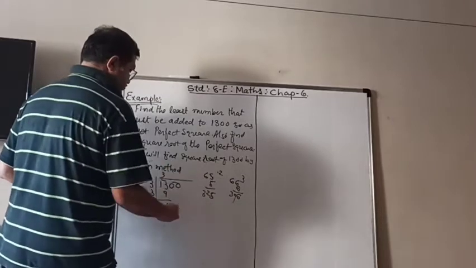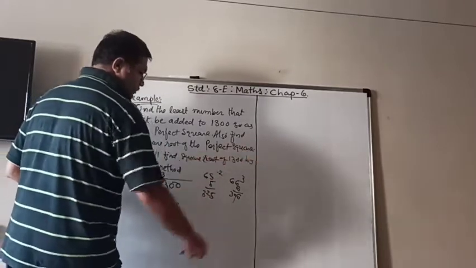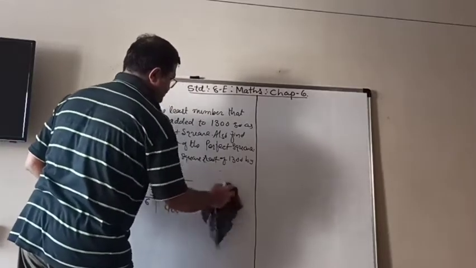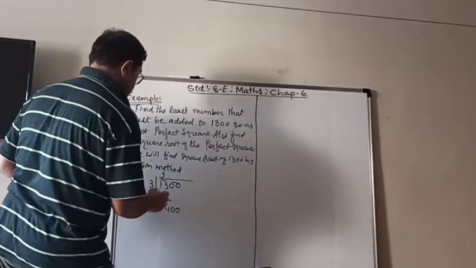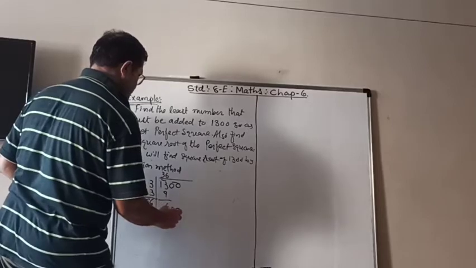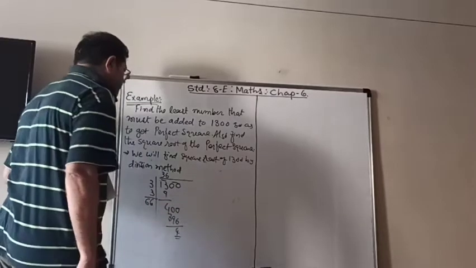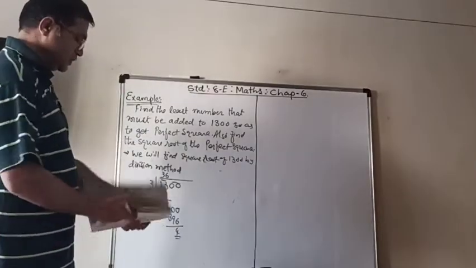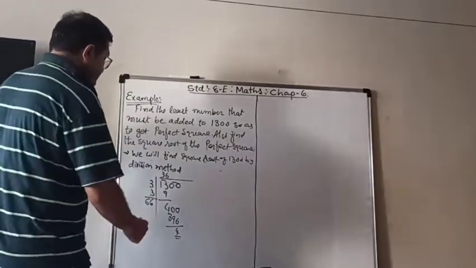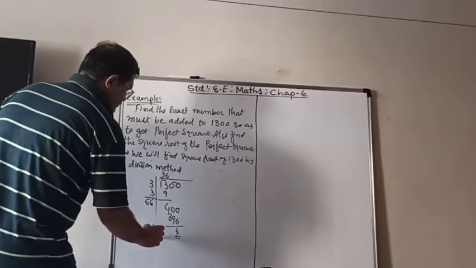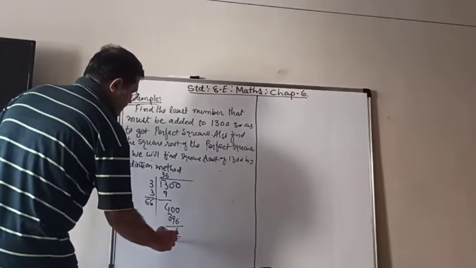So I think it will be nearer, 7 will be more. So we can take 66, 6 6s are 396. And still you get 4 as a remainder. So here we got remainder 4.